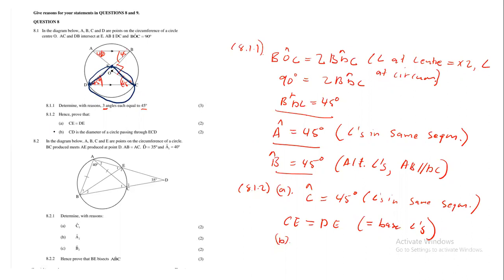Now, this is what is happening. In order for us to determine that, let me use this one so that we can remind ourselves what is basically taking place here. Okay? Now, we have just proved that this angle is 45 degrees. This angle is also 45 degrees. Or we can use this triangle.